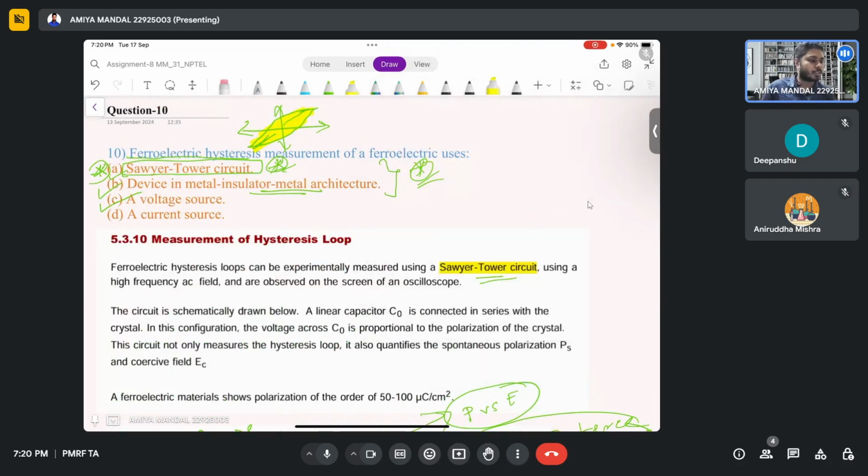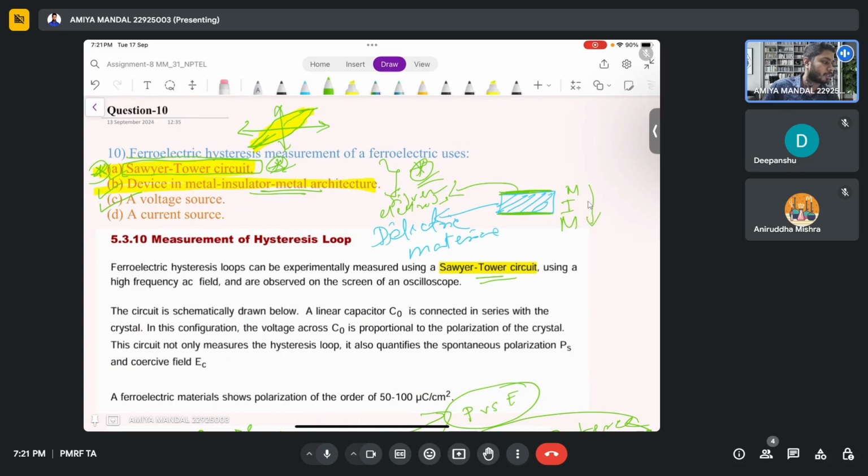Based on these examples, you can now answer the question: for ferroelectric hysteresis measurement, use the Sawyer-Tower circuit. Here the device is a metal-insulator-metal architecture, which means that if this is the dielectric material, we apply silver paste at the two tops as silver electrodes.